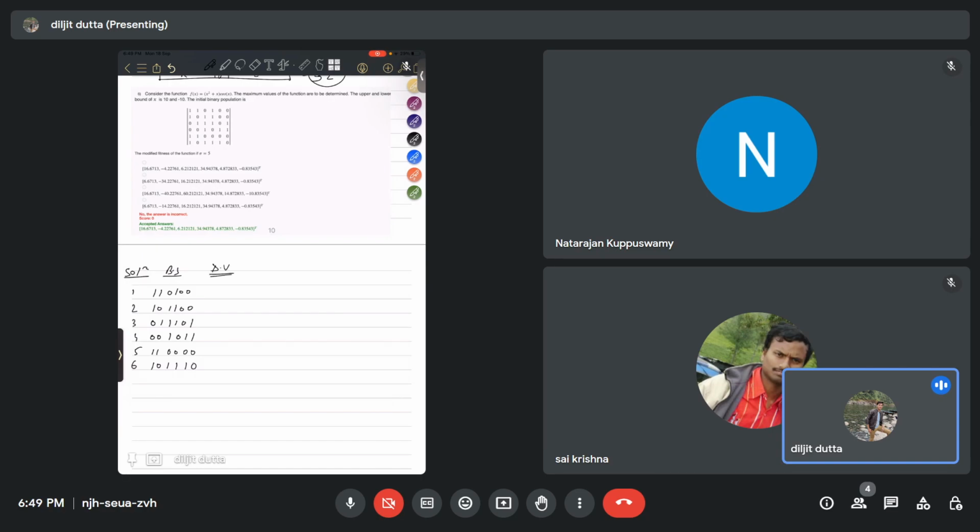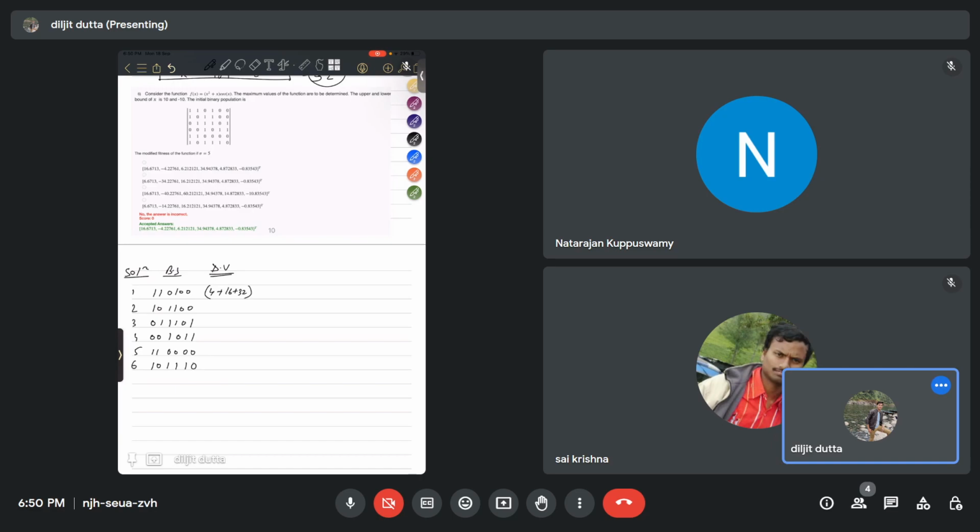Now the decoded value is, I taught you how we get the decoded value. It is 0 into 2 to the power 0 plus 0 into 2 to the power 1, like that. So for this one it will be 2 to the power 2, that is 4, plus 16 plus 32.